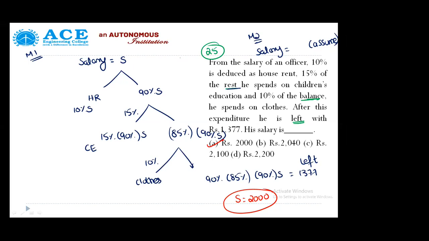Or else, I think better you can go with a value as well. Salary is 1000, maybe per hour, per minute, you take it as a positive side. 10% for house rent means 100 rupees for house rent. You are left with 900. 15% for children's education means 135 rupees. Still we are having 765 rupees.